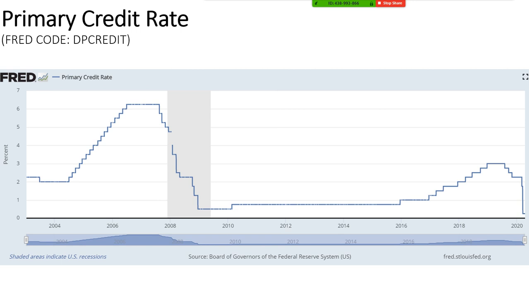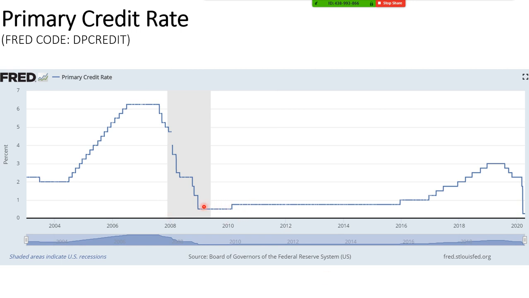Currently, the Fed's primary credit rate is the lowest it's been in roughly 20 years. The closest we got to a discount rate of 0.25% is about right here, December 2008 to about February 2010. But even here, the discount rate only fell to 0.5%. So we're very low relative to the information presented in this graph.